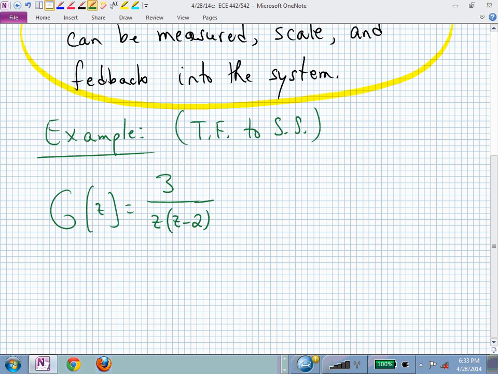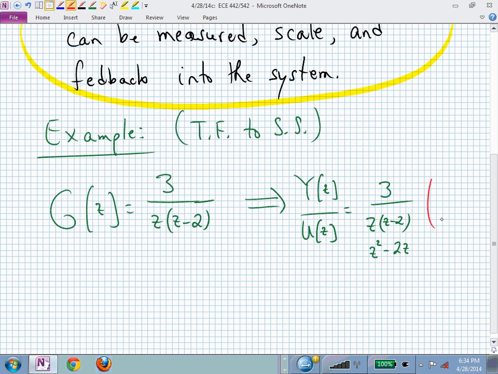So let's create a state space representation of this particular system. G of Z, again, is just this relationship between the input to the system and the output to the system, which is 3 over Z times Z minus 2, or this is now in the denominator, Z squared minus 2Z.